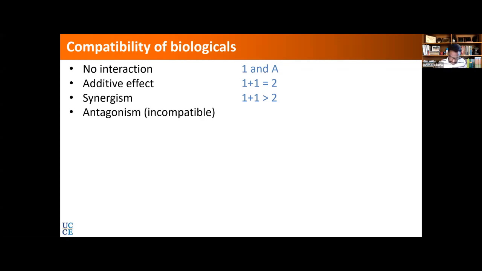Then antagonism. This is incompatible. When you add 1 plus 1, the result is less than 2, or it could be 0. Some combinations could be very, very bad. It makes the other one inactive or ineffective. So this is very important to understand, and the manufacturer's guidelines or labels are critical to go over, and each application situation might be different.